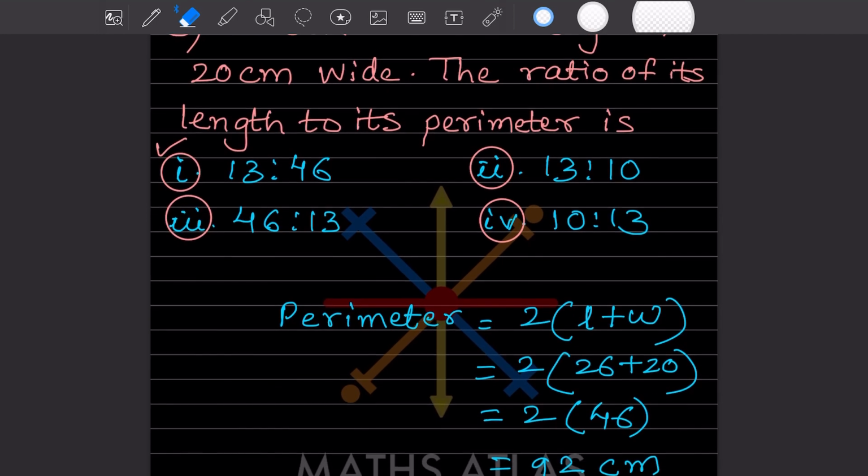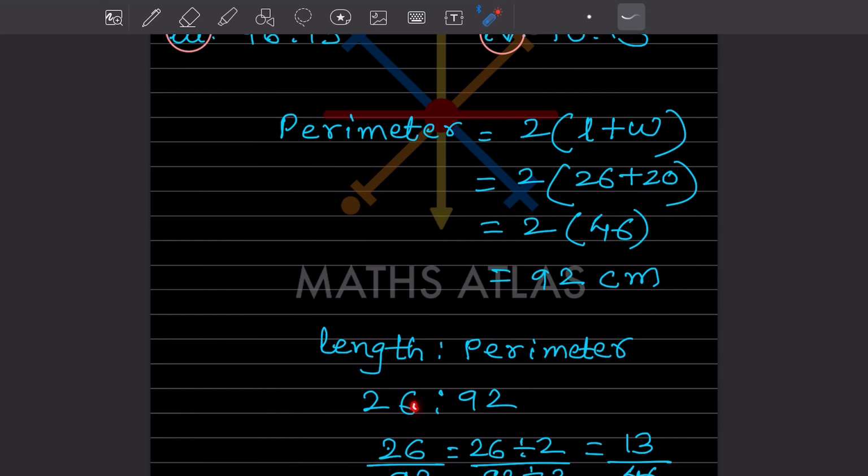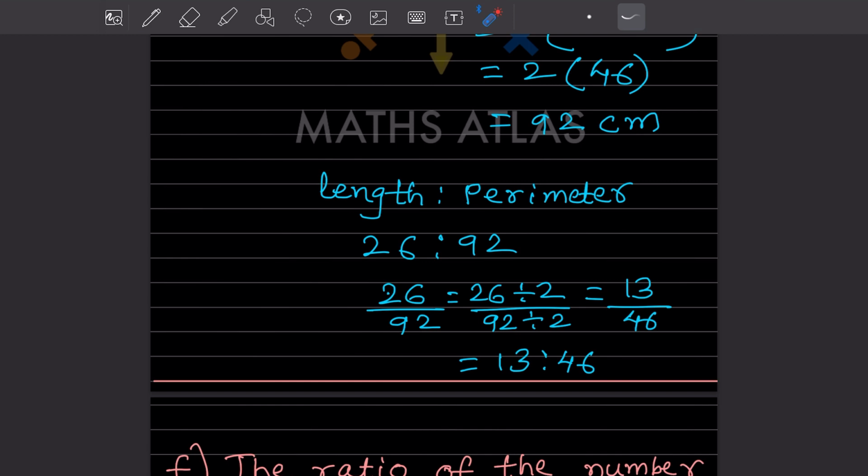So they have asked the ratio of length to its perimeter. So what is length? Length is 26 and the perimeter is 92. So this thing we are going to divide. 26 divided by 92. And what do you get over here? Say I just divided by 2. So you got 13 by 46.